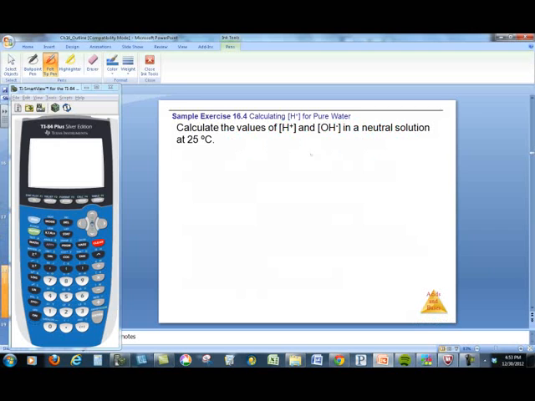Okay, so we want to calculate the H plus and OH minus in a neutral solution. Another way of writing what we just wrote is H2O, which is a liquid, becomes H plus and OH minus. And as we said, Kw is equal to the concentration of the H plus times the concentration of the OH minus.